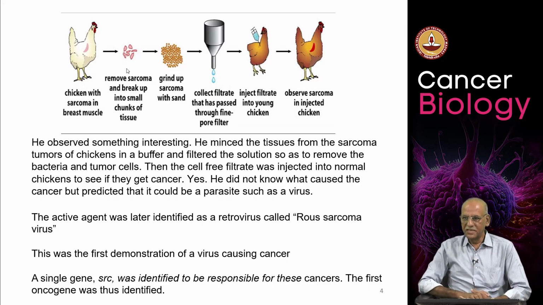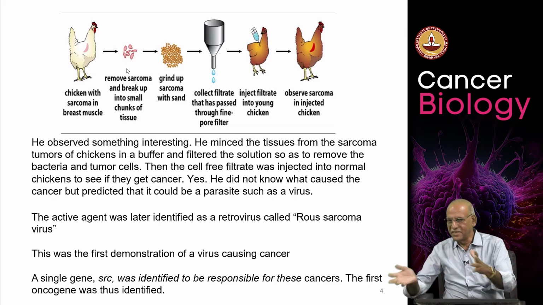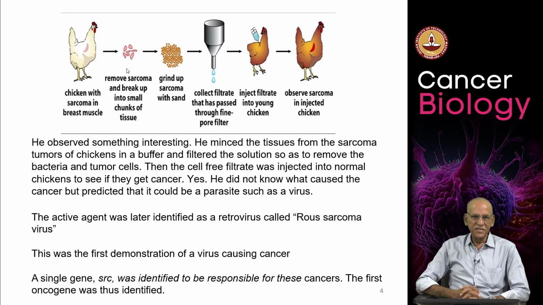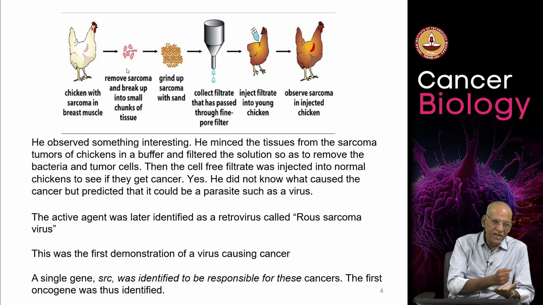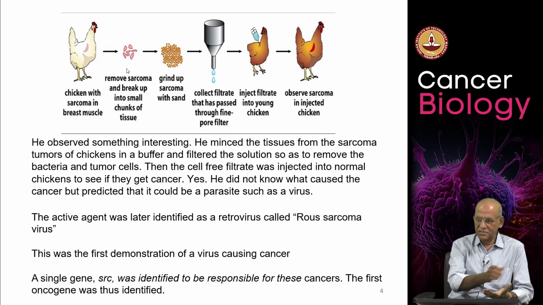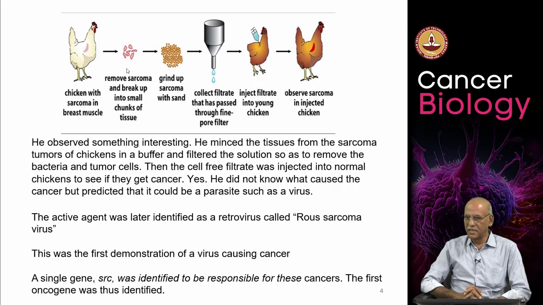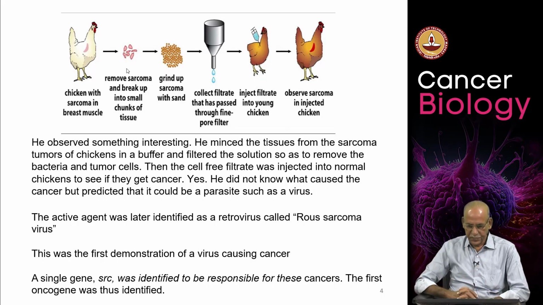These days you have homogenizers, something like our mixie, all these machines, but in olden days people used to do this by grinding with mortar and pestle. Put some sand to facilitate the grinding, and this way you can disintegrate the cells from the tissue. Then he filtered them, and collected the filtrate that had passed through a fine pore filter.